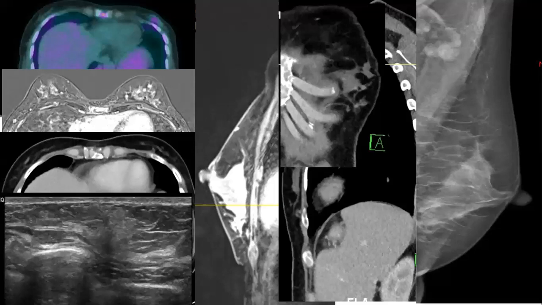So collectively, if we look here, the lesions on CT, you see, in the sagittal, coronal, and here axial, very small, and here in the bed, here on MRI, and here on ultrasound, and here on mammography, and this is, look, having abundant fat does not exclude the lymph node from being metastatic.